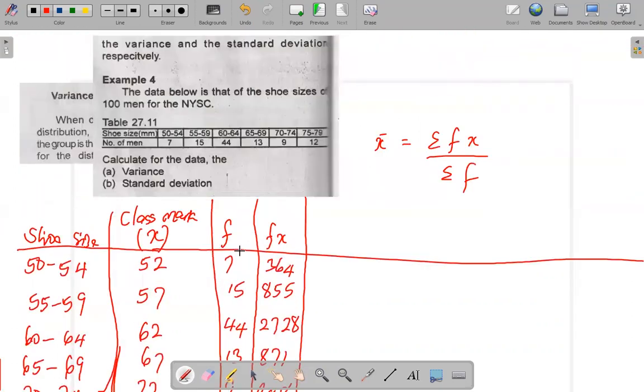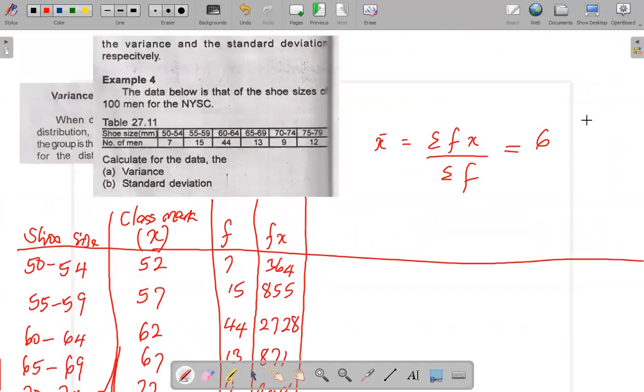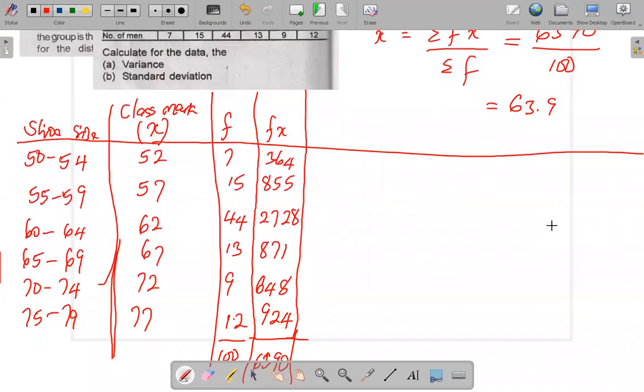Therefore, our arithmetic mean X bar will be 6,390 divided by 100, which is 63.9. So our X bar is 63.9.